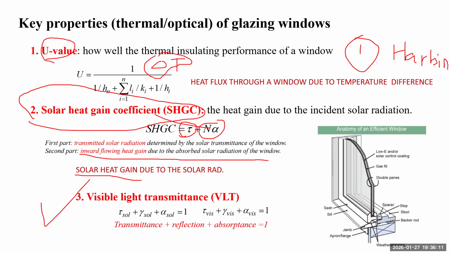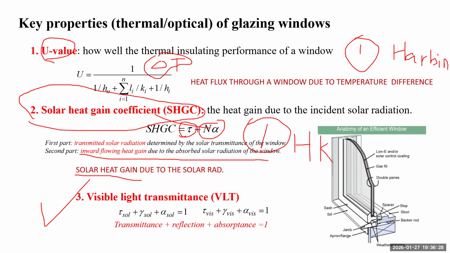But for Hong Kong, the temperature difference is not that huge, however, we have strong solar irradiance. So for Hong Kong, this is the priority one we need to consider.